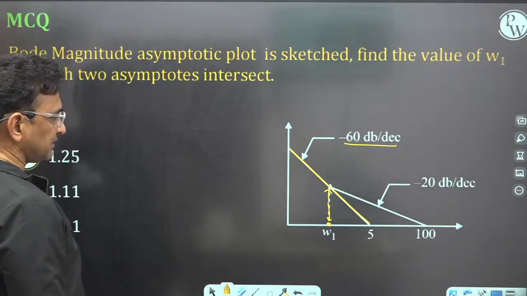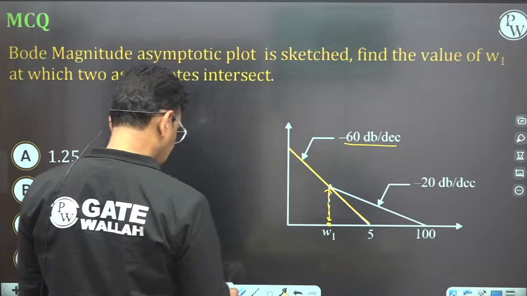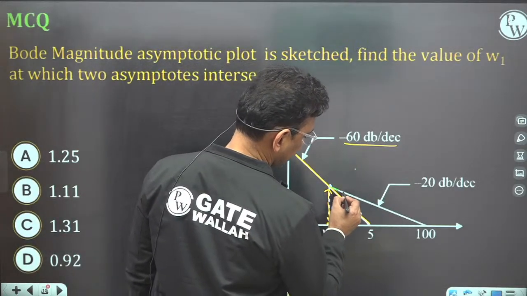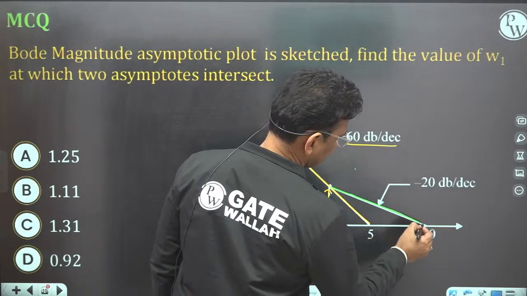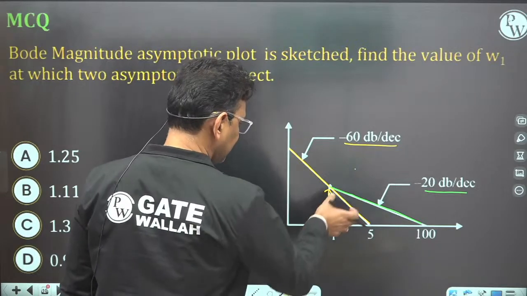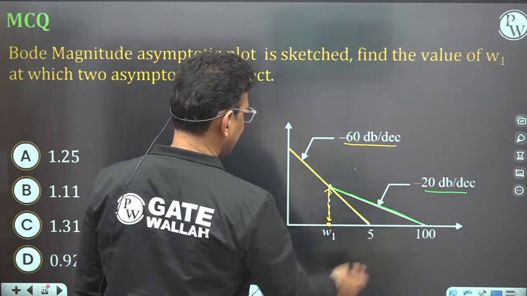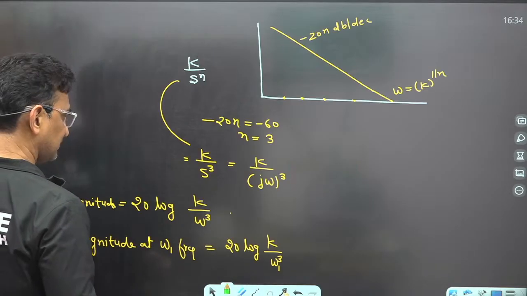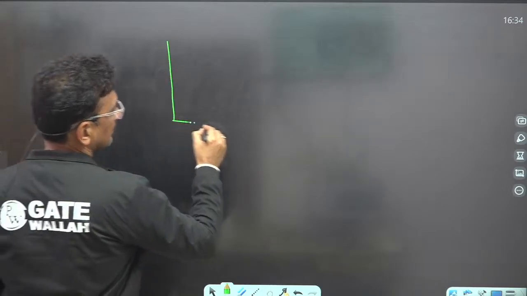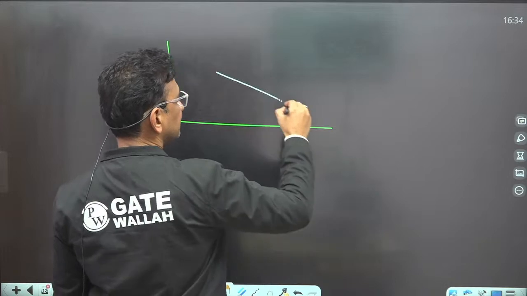Once you find out the magnitude at omega 1 frequency for this line, now take the second line. Its slope is -20 decibel per decade. If I draw this line, again I find out the same magnitude by using this line. It is a straight line of slope -20 decibel per decade.